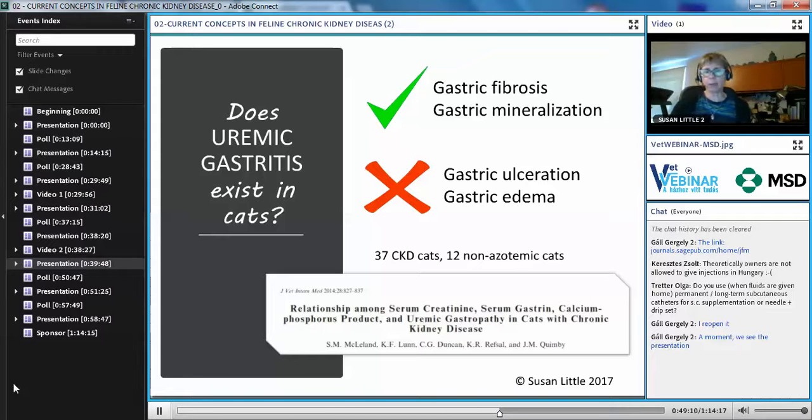And I just saw another paper that has been published within the last month that looked at the gastric pH of cats with chronic kidney disease to see if indeed they did get increased acidity as we used to think. And it turns out again that they don't. So while people and dogs might get increased stomach acidity with chronic kidney disease, it turns out that cats don't.